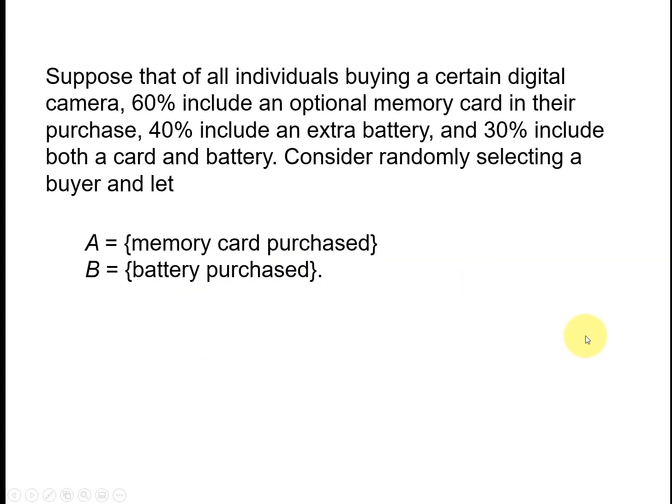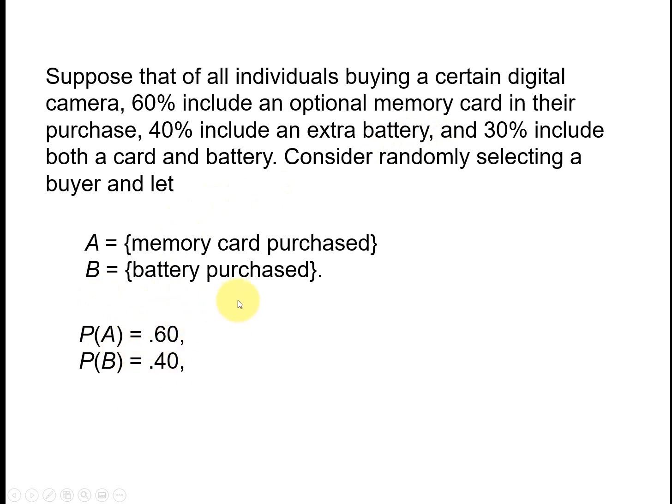Well, we can look at this. The event A is that a memory card was purchased, and the event B is the battery purchase. So we have probability of A equaling 0.6 and the probability of B equaling 0.4, and we can see how they got that up here because A is the optional memory card and 40% is the extra battery.